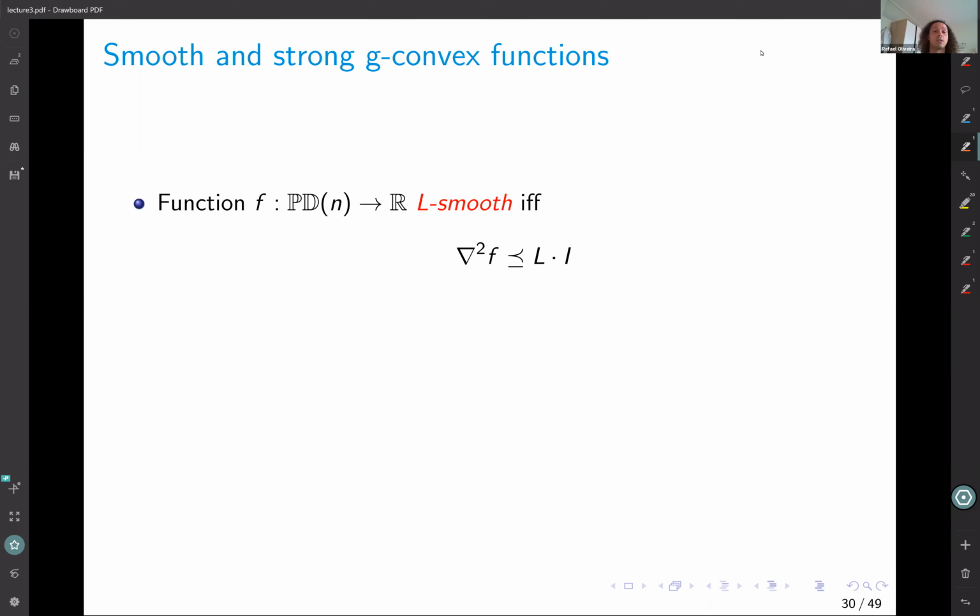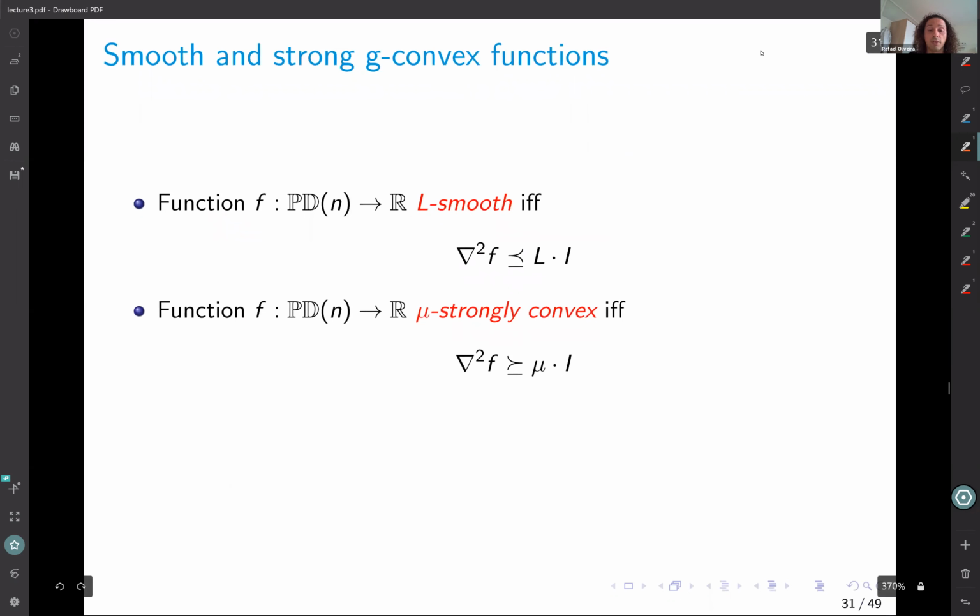Now that we defined geodesically convex functions, we can talk about smooth and strongly geodesically convex functions. Again, we can use the definition of the Hessian to say that a function f on the space of positive definite matrices is L-smooth if and only if the Hessian is upper bounded by L times the identity.